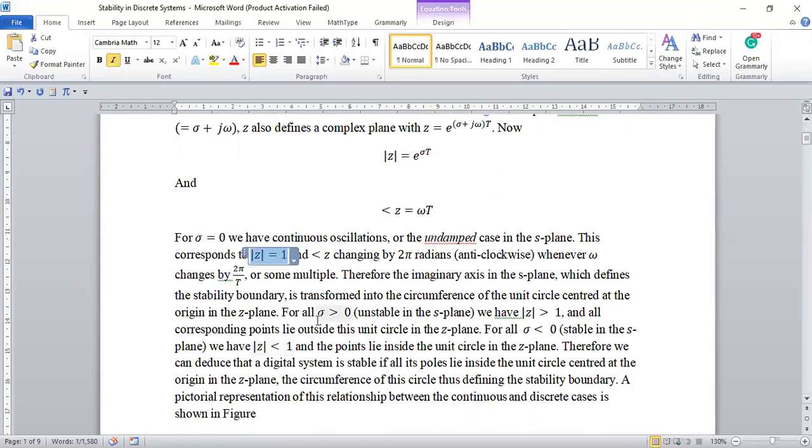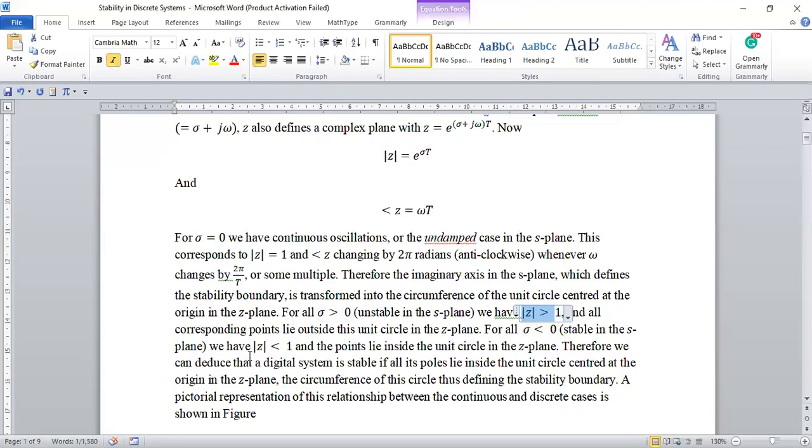So we know from the continuous time system, when sigma is greater than 0, that means that the poles of the system are positive, greater than 0. We know that is unstable. For the discrete time case, if the magnitude of z is greater than 1, then we say that the system is unstable.